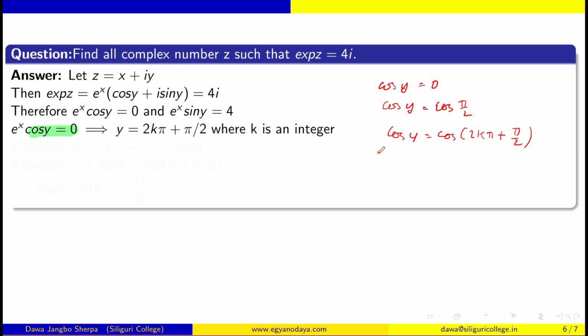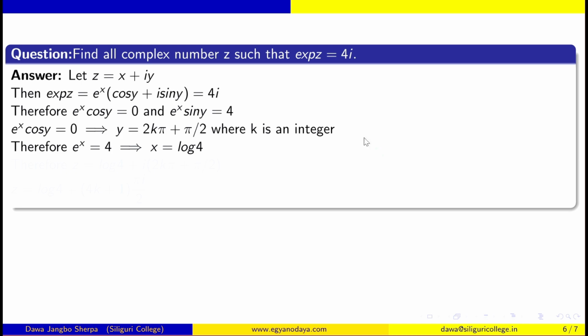So from here we can say that y is equal to 2kπ + π/2, where k is an integer. Now with y equal to 2kπ + π/2, sin y is sin π/2, which is equal to 1.